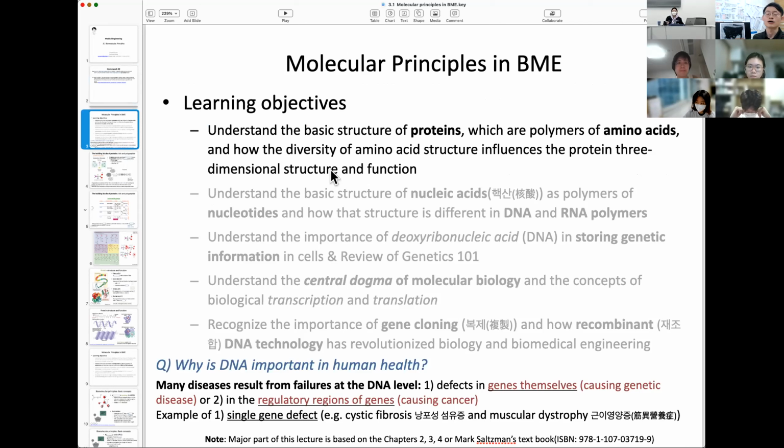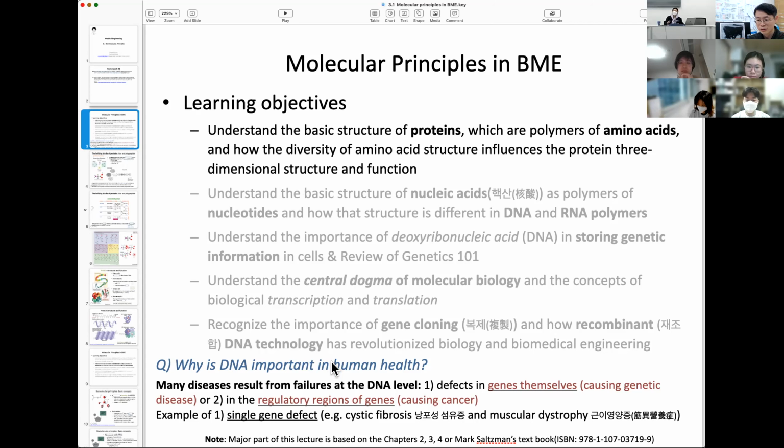So today, we'll go through molecular principles in BME. The learning objectives are many, but we want to start from the most basics. So the basic structure of proteins, which are polymers of amino acids, and how the diversity of amino acid structures influences protein three-dimensional structure and function.